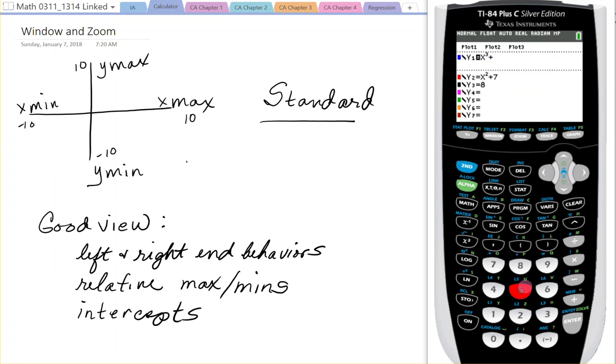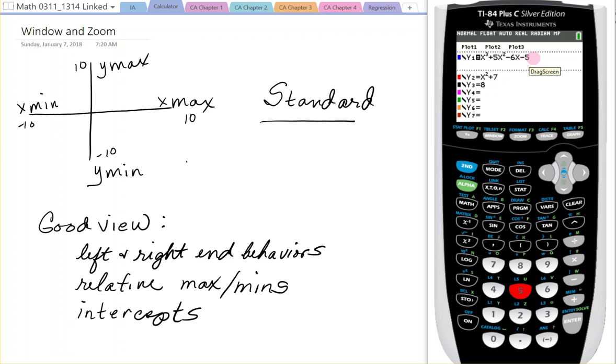Plus 5x squared, subtract 6x, subtract 5. Now, where did I come up with that? I just made it up. X to the third plus 5x squared minus 6x minus 5.